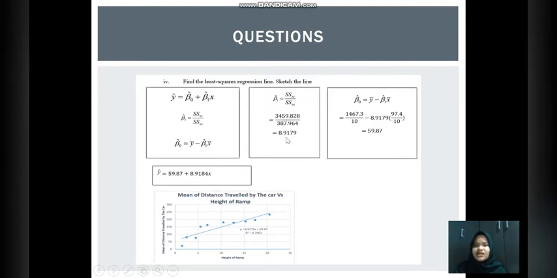Here I got 8.9179 for the slope, which is b1, beta 1, and the y-intercept, beta naught, is equal to y bar minus slope times x bar. For the y-intercept I got 59.87. So here is the least square regression line. This is what I generated in Excel. As we can see, what I calculated and what Excel gave are the same.